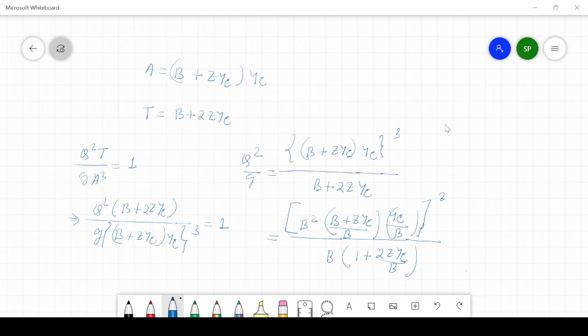So if I write in this way, Q square by g B to the power 5 is equal to 1 plus Z YC by B, YC by B, whole to the power cube. I can write in this way, plus 1 plus 2Z YC by B. Up to this much clear?